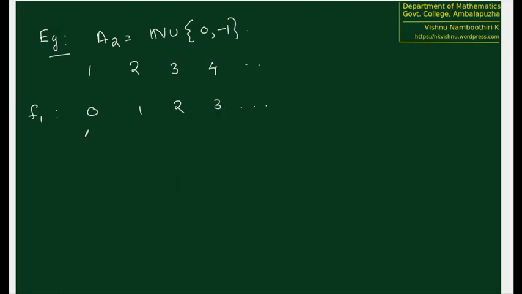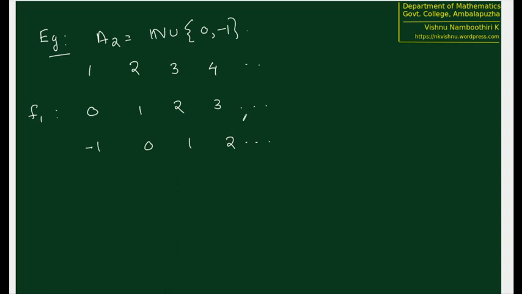Now, if you want to include minus 1 also, one possibility is to push the 0, 1, 2, 3, etc. one more position to the right side and bring minus 1 to the initial position. So minus 1, 0, 1, 2, etc.